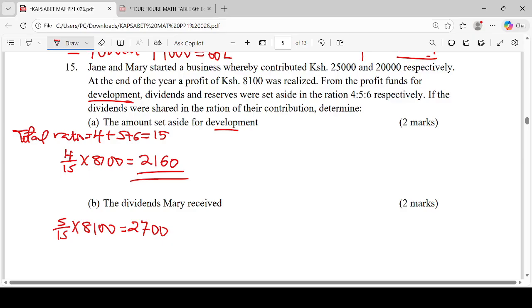But now remember, this is the money that was set for dividends, this is just dividends. Now this 2,700 shillings was to be shared in the ratio of their contribution.